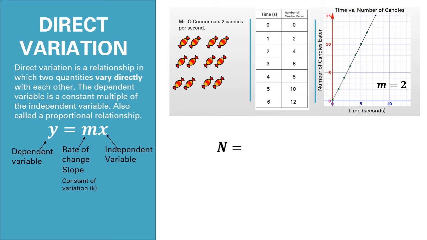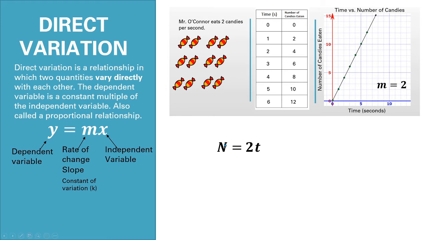Therefore, n equals, n is our dependent variable, n is representing y. N equals what? What was our rate of change? Our rate of change was 2. We had a slope of 2. What was our independent variable? It was time. So instead of writing x, we could write t.